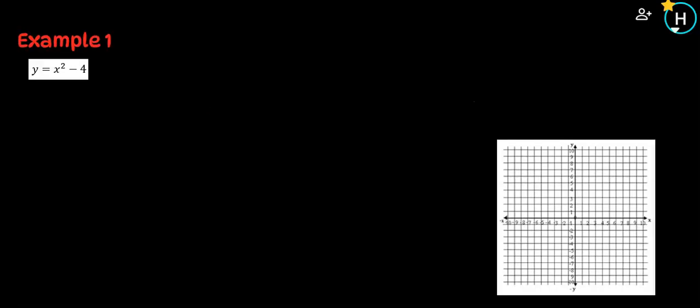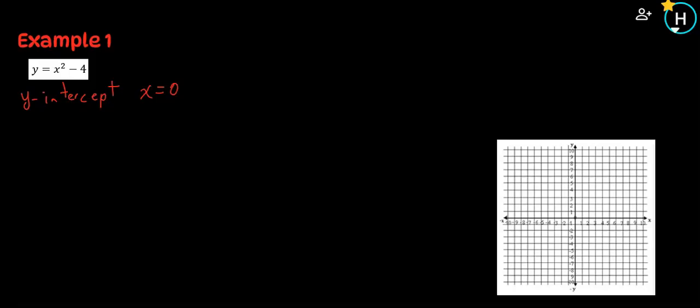The first example to represent on the Cartesian plane is y equals x to the second power minus 4. First, we need to identify the y-intercept. So when we are going to find the y-intercept, the value of x is equal to 0.